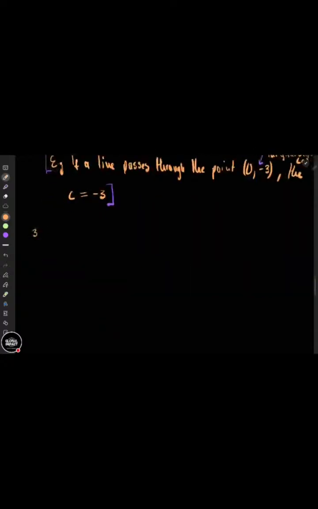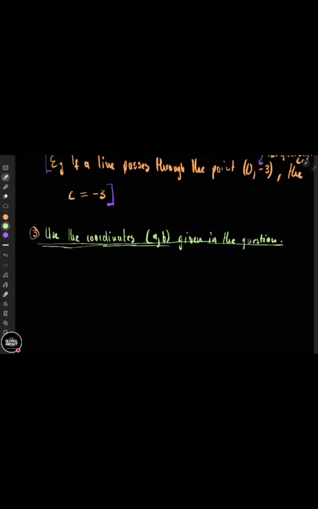The third and final way of finding c is to use the coordinates (a, b) given in the question. You can say in brackets here, and I want you to softly cancel the word use and say substitute.